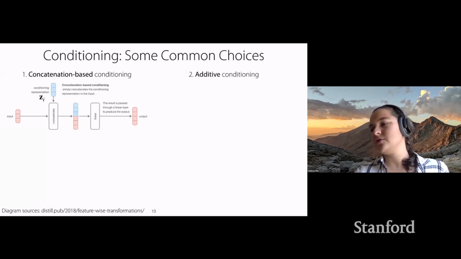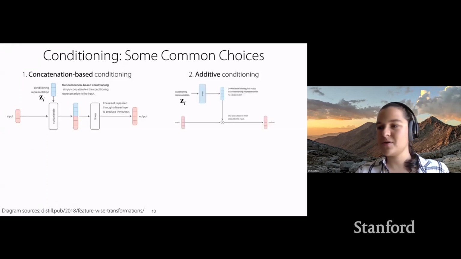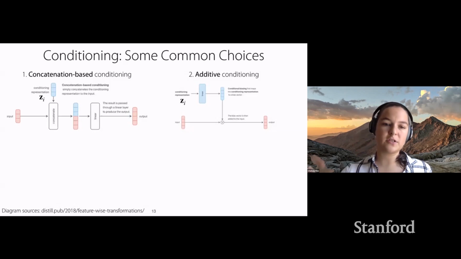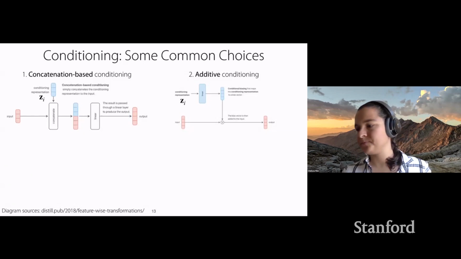Another way that you could do this is with additive conditioning, where you take the conditioning representation, you maybe pass it through a linear layer or something to get something that's the size of your activations or the size of your input, and then you add that to the input. So these are kind of two choices.